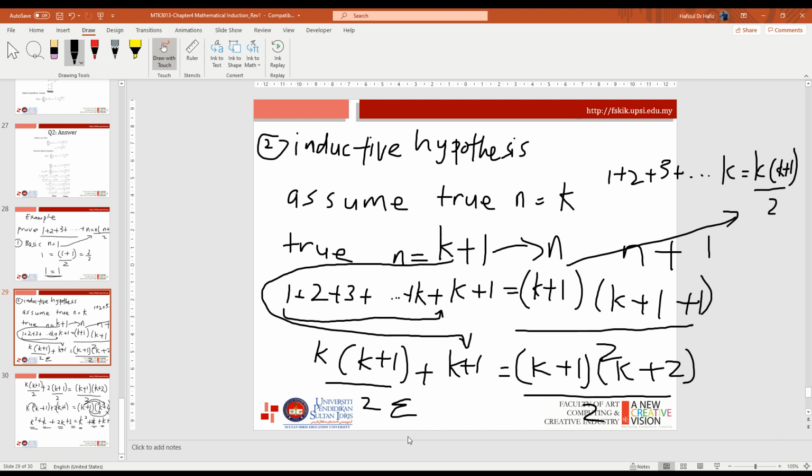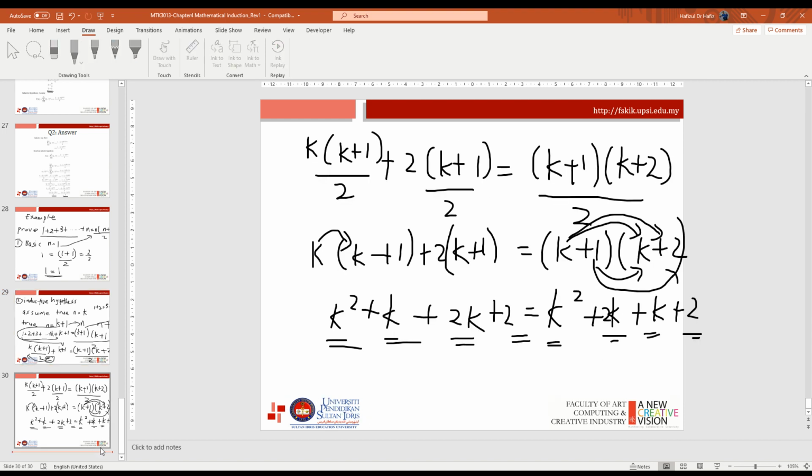The total of k plus 1 divided by 2. Okay, is that fine? Okay, other example. I will give another example.